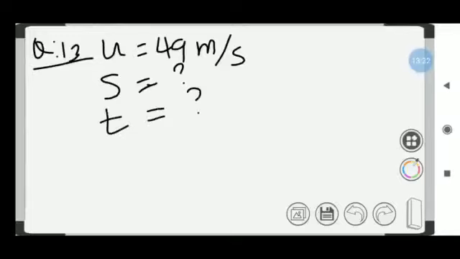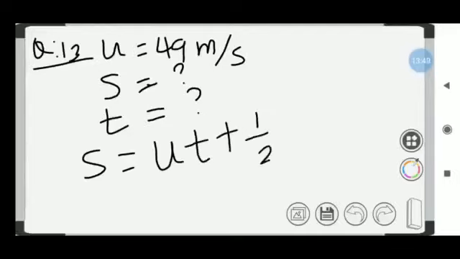So first, the maximum height they asked. You have to know that s equal to ut plus half at square. Can we use this equation?